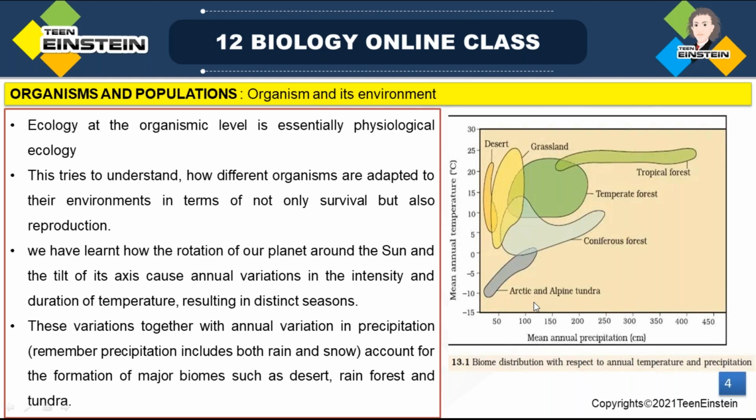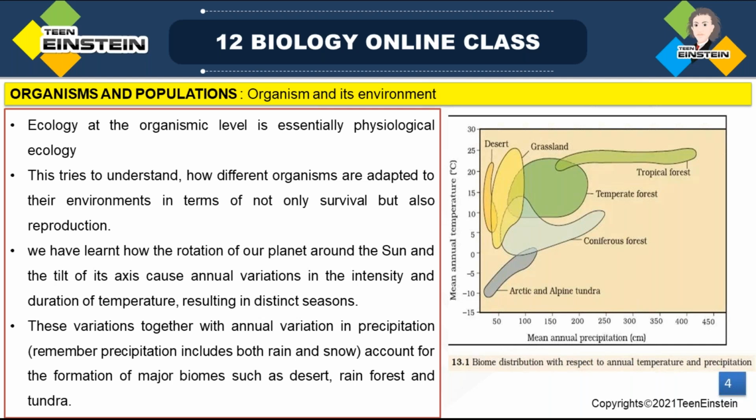So what we have told, the rotation of our planet, or the revolution of Earth around the sun, makes variation in the intensity and duration of temperature, and that is resulting in different seasons.